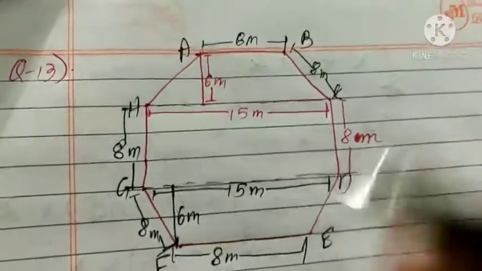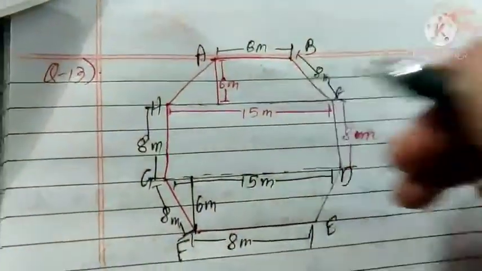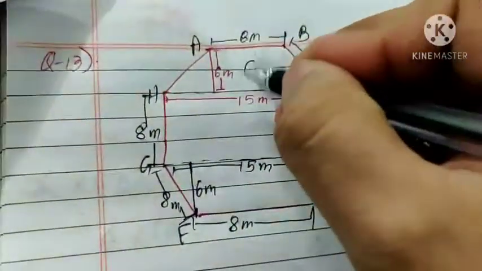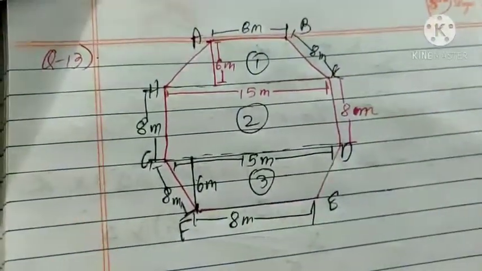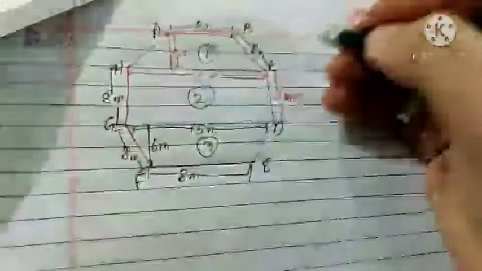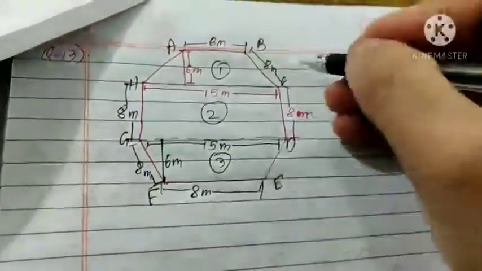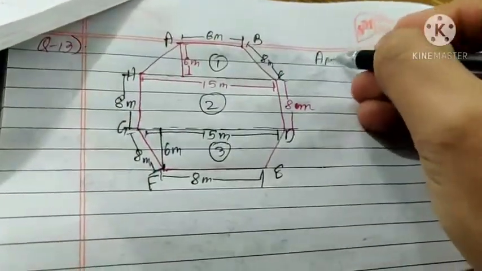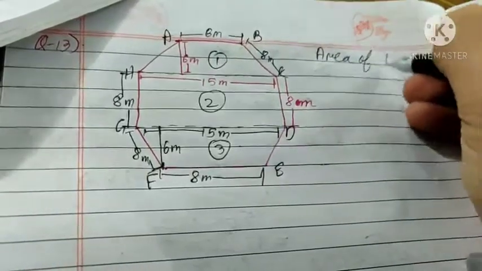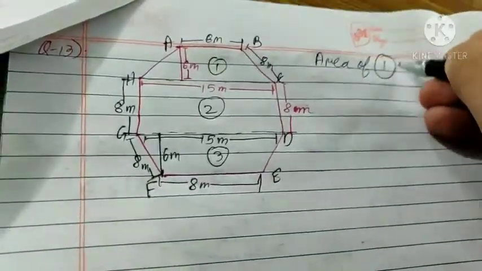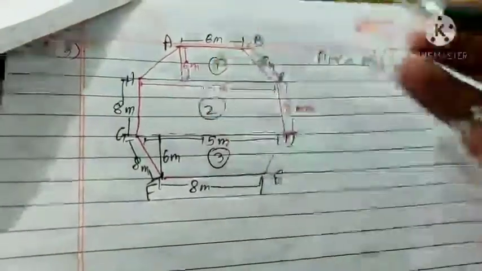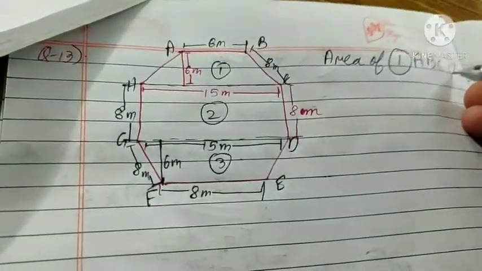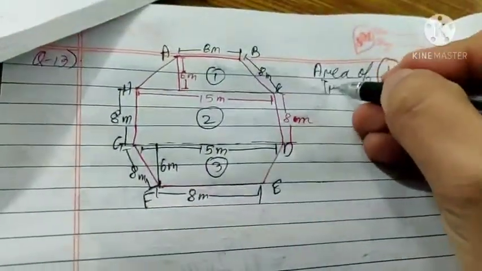So now we have to find the area of this figure. We have divided this into 3 parts. This is the first part, that is trapezium, second is rectangle and third is trapezium. So the area of the complete figure is divided between 3 parts. So the area of the first part, that is ABCH. It is a trapezium.